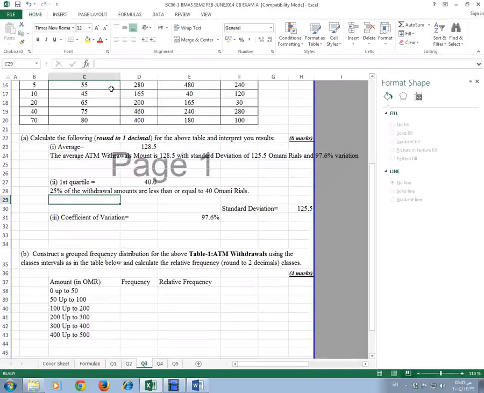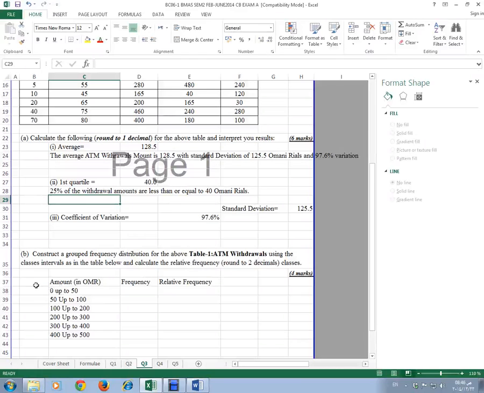That means make a group frequency for the above data table, this table of withdrawals, using the class intervals as in the table. These are the class intervals, 0 to 50, 50 to 100, and calculate the relative frequency rounded to 2 decimal places.